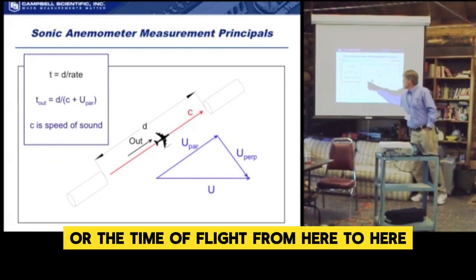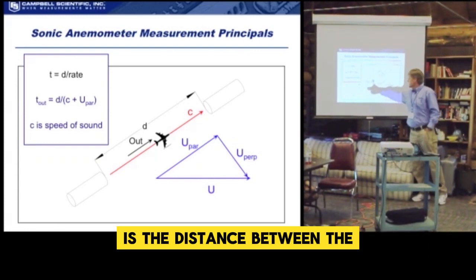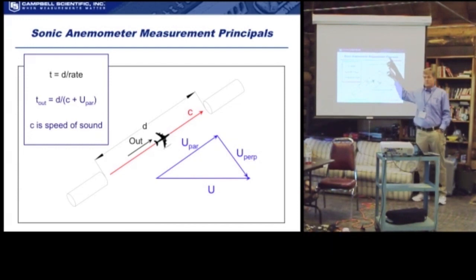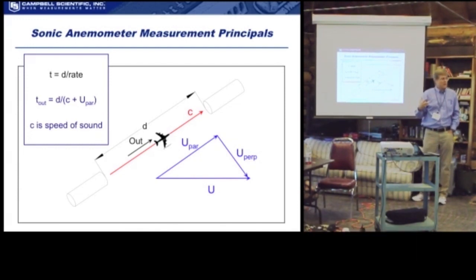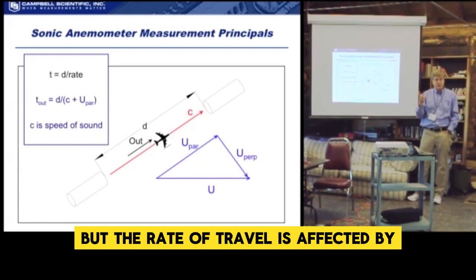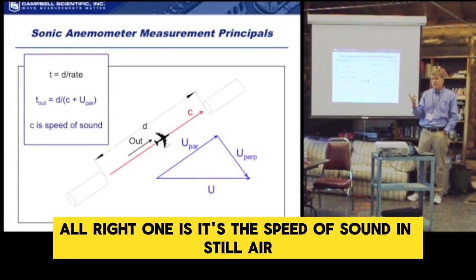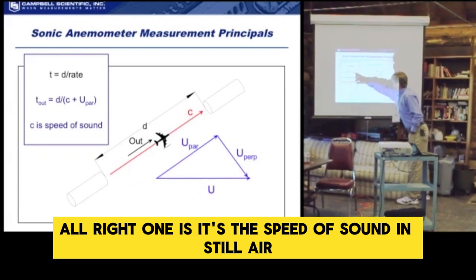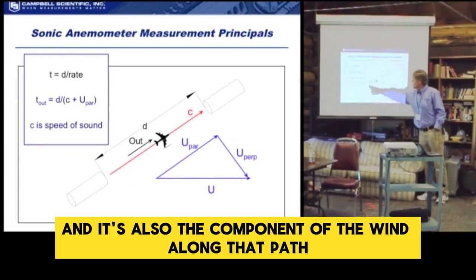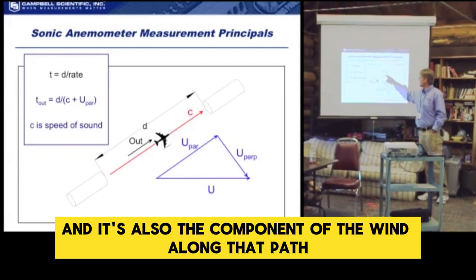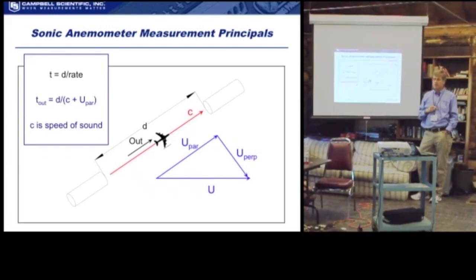or the time of flight from here to here is the distance between the two transducers divided by the rate of travel. But the rate of travel is affected by two different things. All right? One is the speed of sound in still air, and it's also the component of the wind along that path. All right?